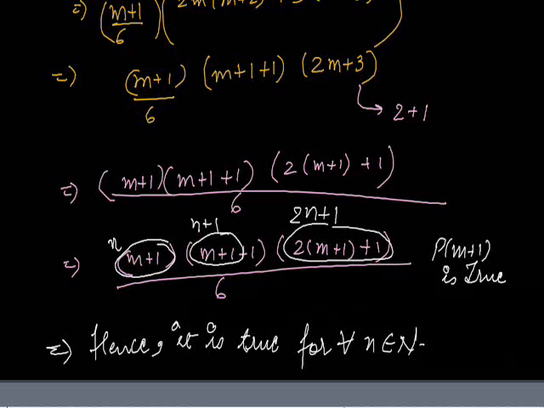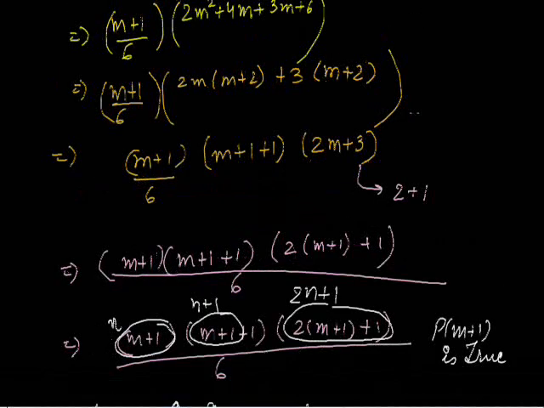We are using this two-step theory where we prove it true for n equals 1, that is the basic step, and then using that Pm is true, we prove that P of m+1 is true. Using that, we prove further that it is true for all values of n, and this particular step is known as the inductive step.